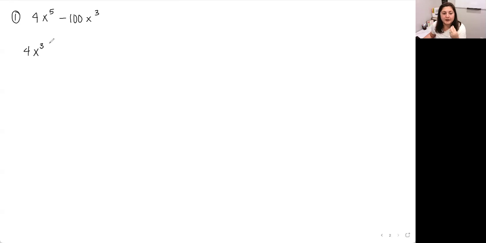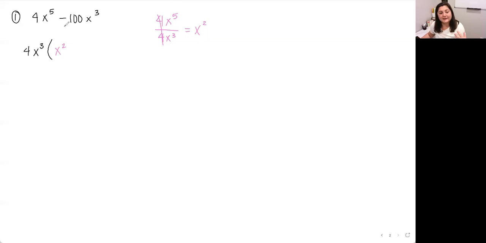So when I factor out the GCF, I ask what would happen when I take 4x to the 5th and divide it by 4x to the 3rd. I know the 4s will cancel, and I'm going to subtract my exponents, so I'm only left with x squared. So that's going to go in here.